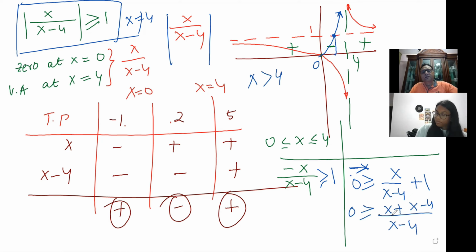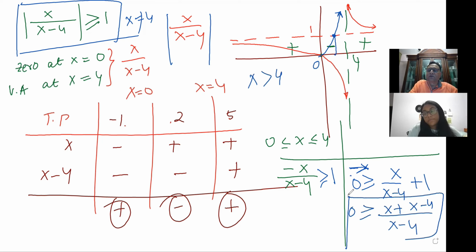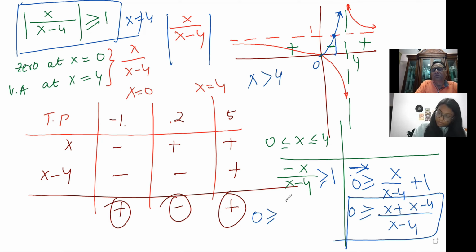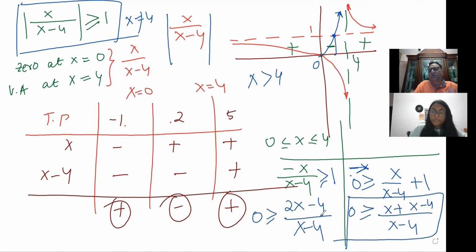So now I'll remove this page, clear this away. Is this all clear to you? So note this inequality. We are going to solve this now, which is 2x minus 4 over x minus 4. So we are saying 0 is greater than or equal to 2x minus 4 over x minus 4. This is what we have to solve. So I'm clearing the screen, redoing.